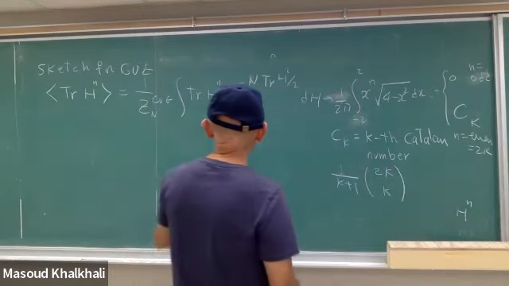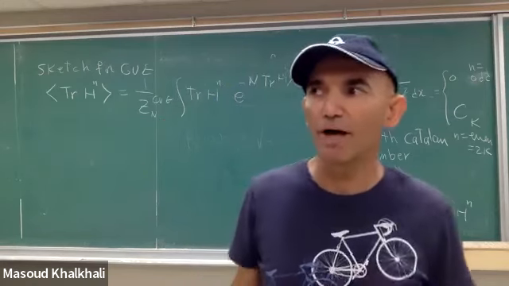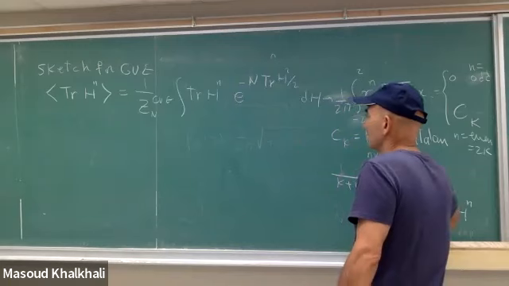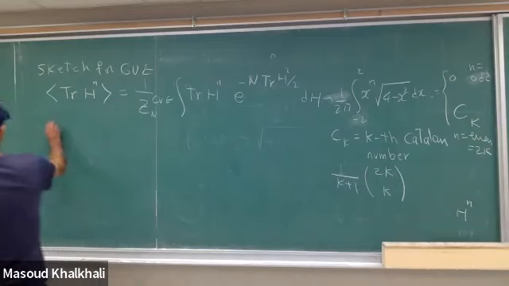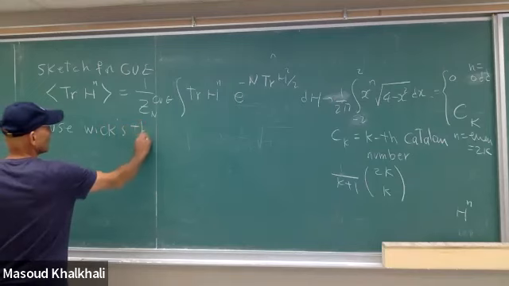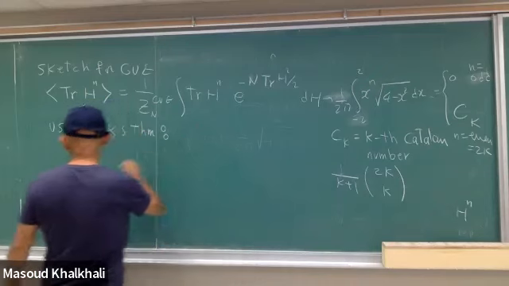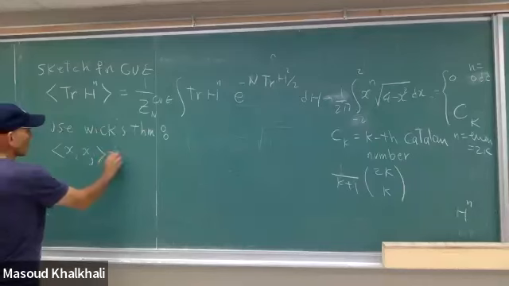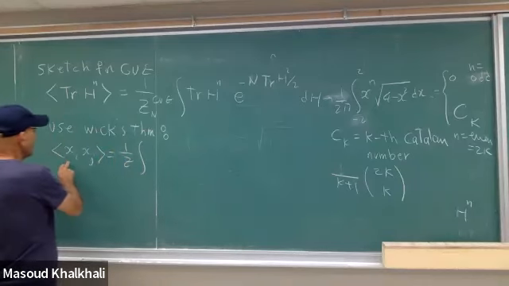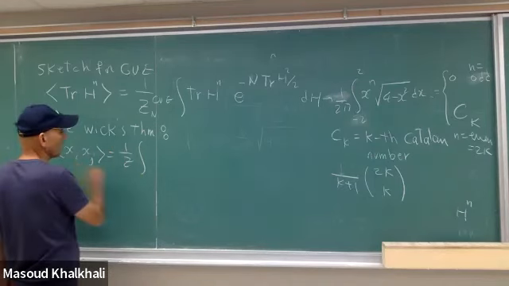Okay. Now, for Gaussian integrals, there is a magic idea in computing them, which has to do with Wick's theorem. So using Wick's theorem for Gaussian integrals, imagine you want to compute the expectation value of the product of two variables x_i, x_j.